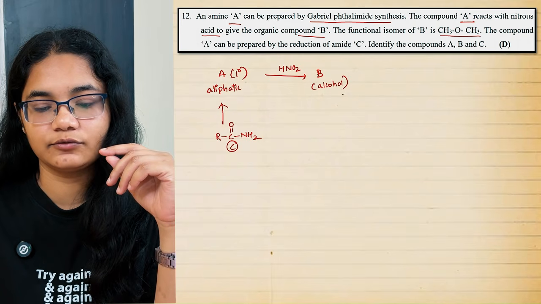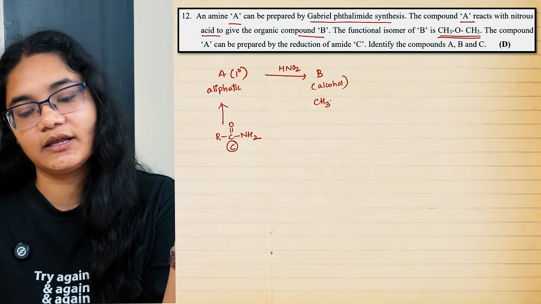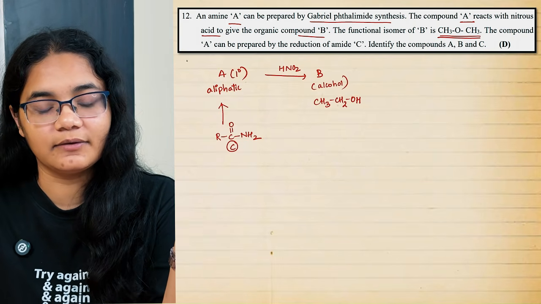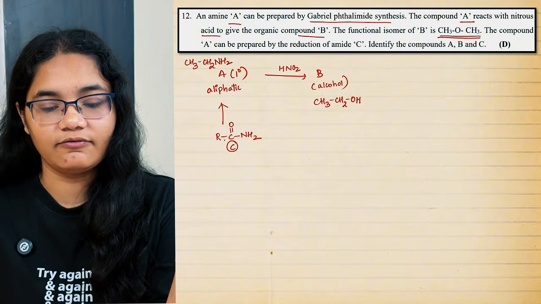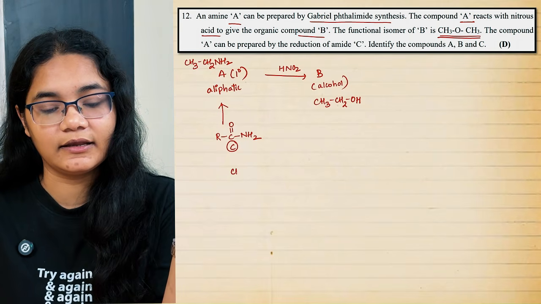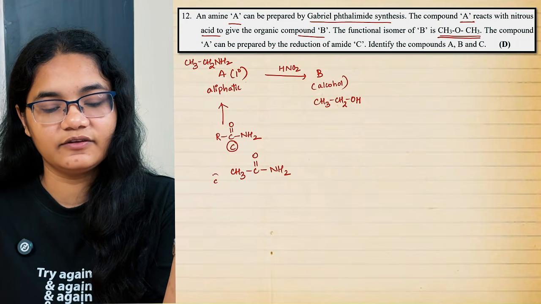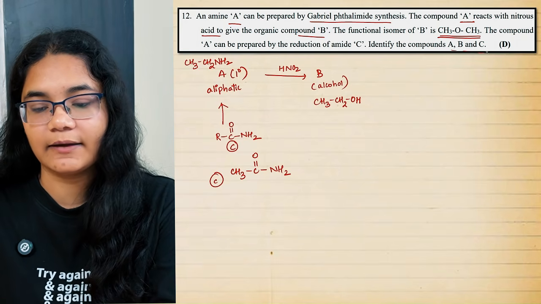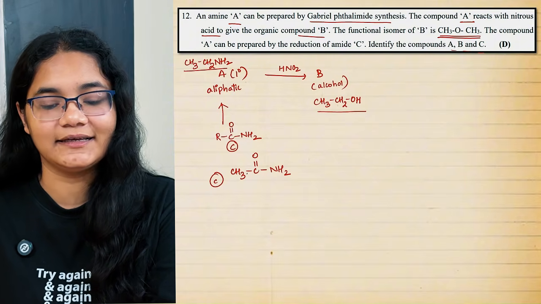If this is a functional isomer of B, then this must be CH3CH2OH. Now the amine must be CH3CH2NH2. If I want to get it by reducing an amide, the amide I can take here is CH3CONH2. Now if this C is treated with lithium aluminum hydride, you will get CH3CH2NH2. Identify the compounds A, B, and C. So A is ethylamine, B is ethyl alcohol, and C is ethanamide.